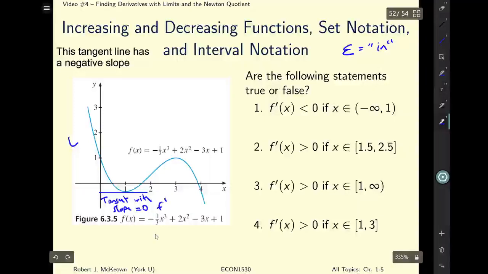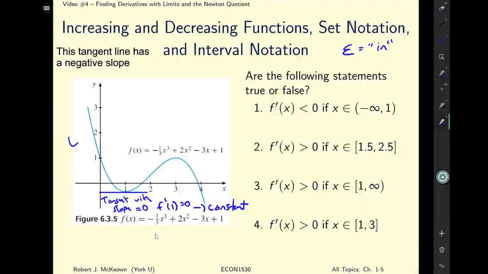So f prime of 1 is going to be equal to 0, right? The derivative when x is equal to 1 is equal to 0. Now, it's constant, right? So this means that it's constant. The rate of change is 0.